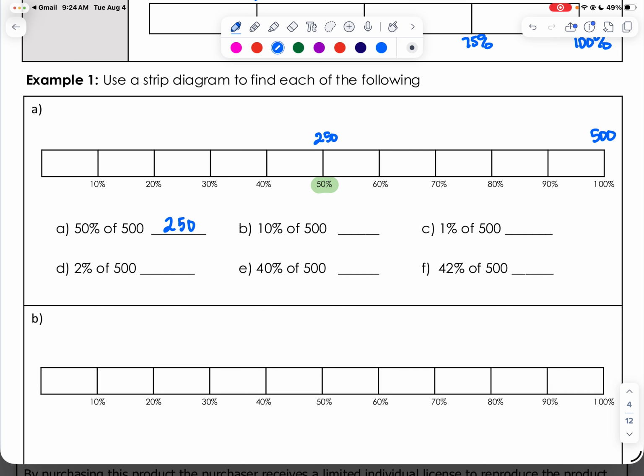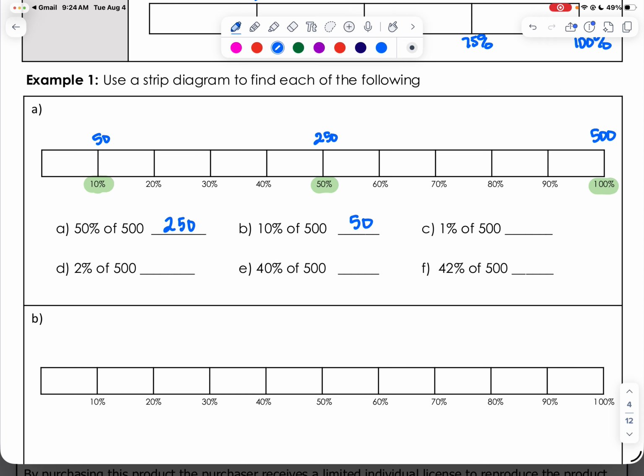All right. Now, 10% of 500. So if I have 100% and I want to scale it to 10%, I would have to divide by 10. So 500 divided by 10 would be 50. Just move your decimal in one place. So 10% of 500 would be 50. All right. 1%.